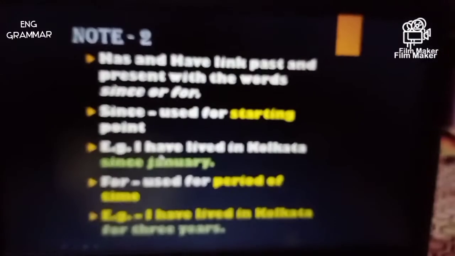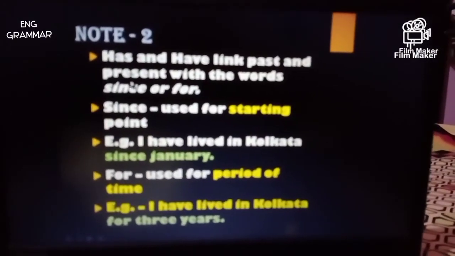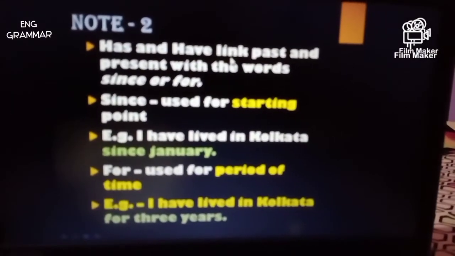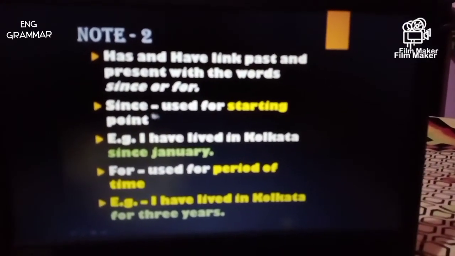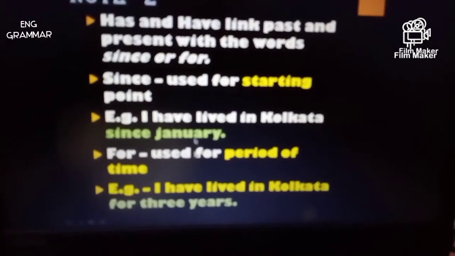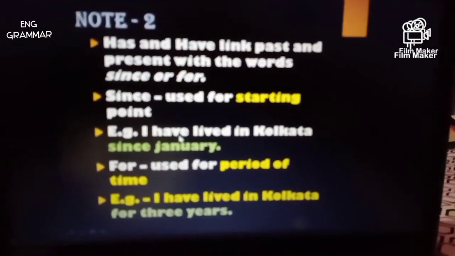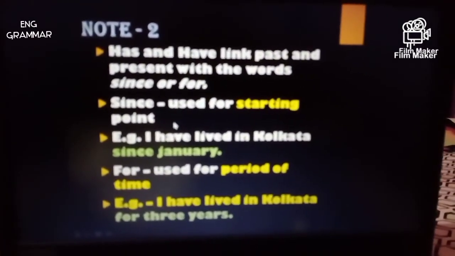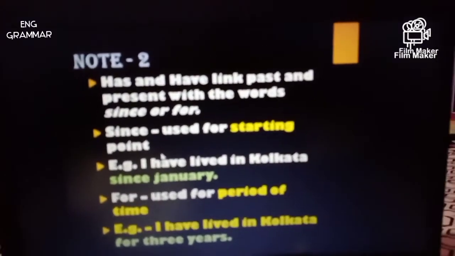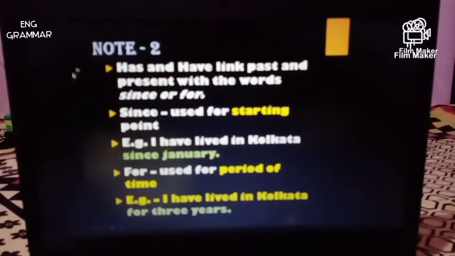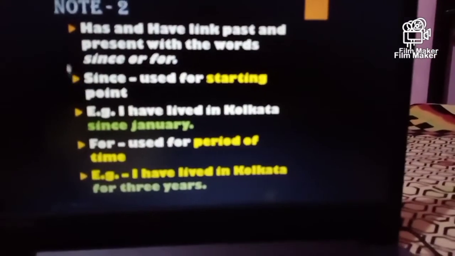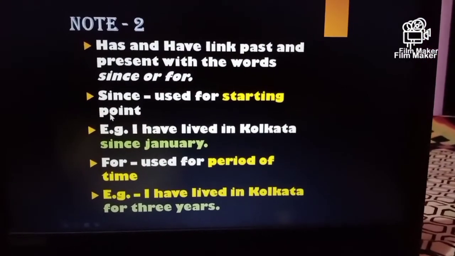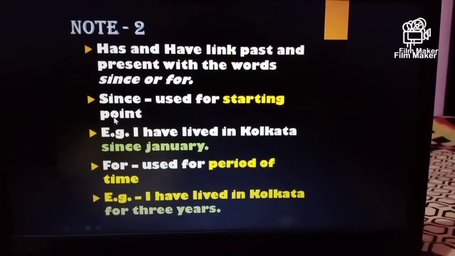Next, note number 2. It says has and have link past and present with words like since or for. So when we use the present perfect tense in sentences, we use has or have. But along with that, if we use since or for, it shows that the sentence is referring to the past and the present.